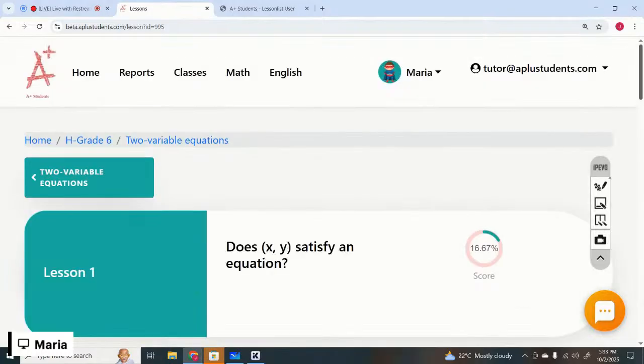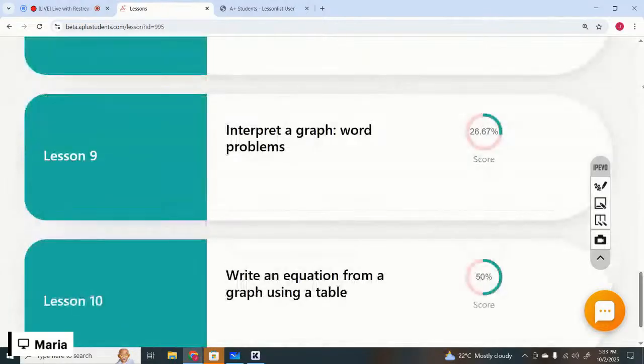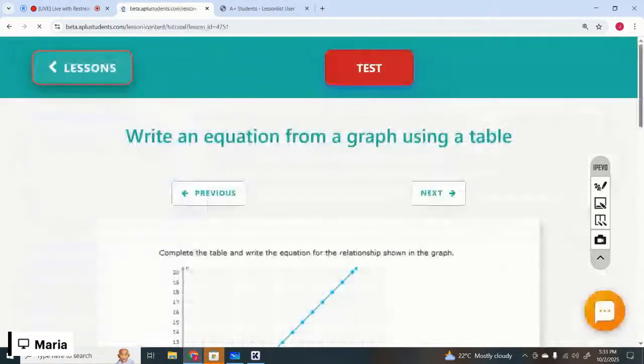The next lesson is write an equation from a graph using a table.